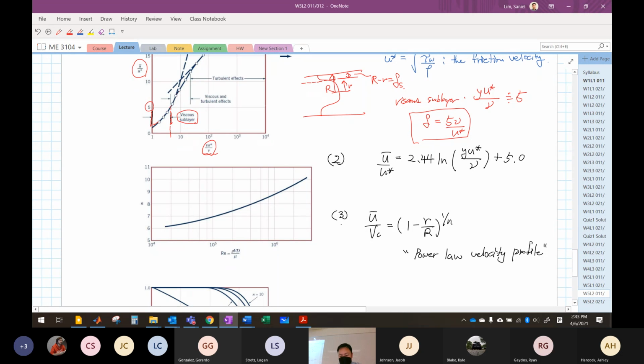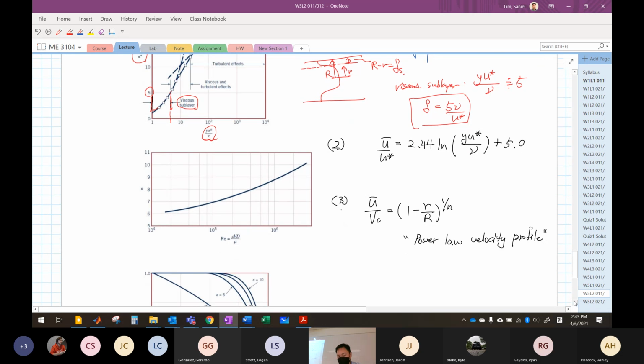So you can call this equation the power law velocity profile. And especially this one gives the velocity at the center line of the pipe. Then it's a function of R, and a function of n. So it's given as a function of the location R, and it's going to intuitively give you the number right away.